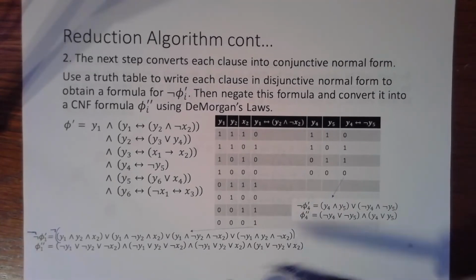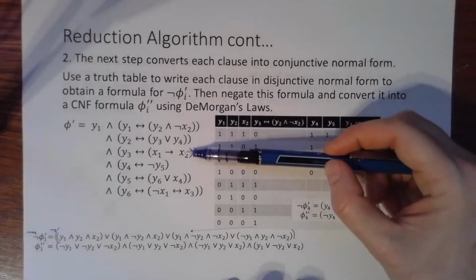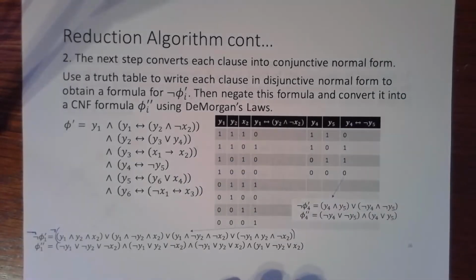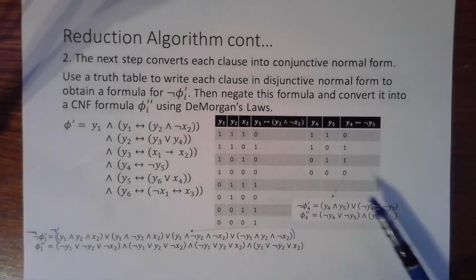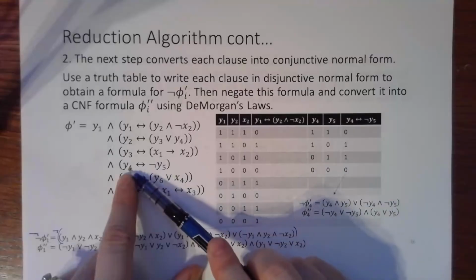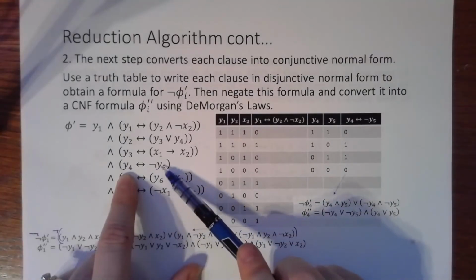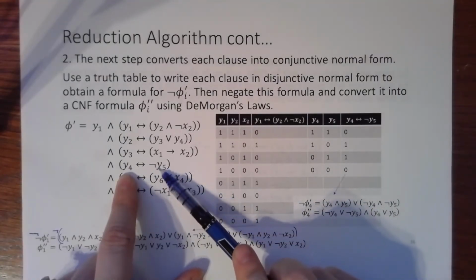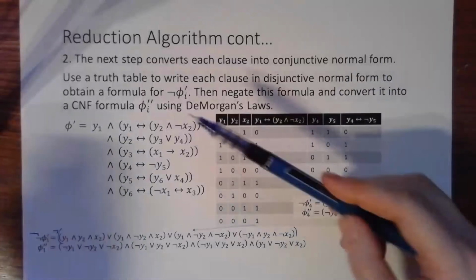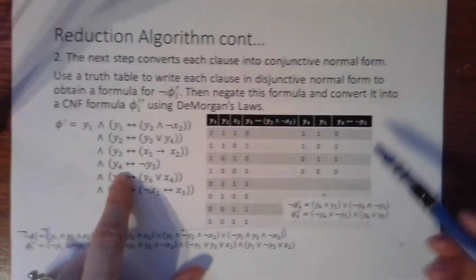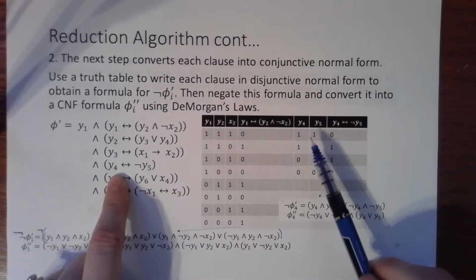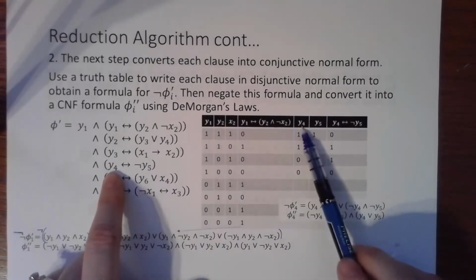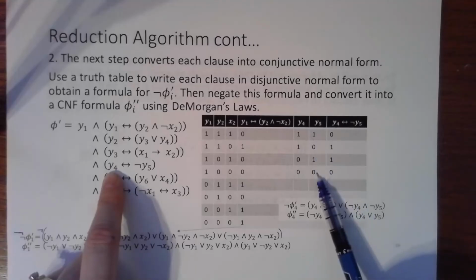So I would have to go through and do that for every single one of these. The other one that I did for you right here is Y4 if and only if not Y5. That has a fewer number of variables, so that's an interesting one to look at. This one only has 2 variables, so we're only going to have 4 rows in our truth table.